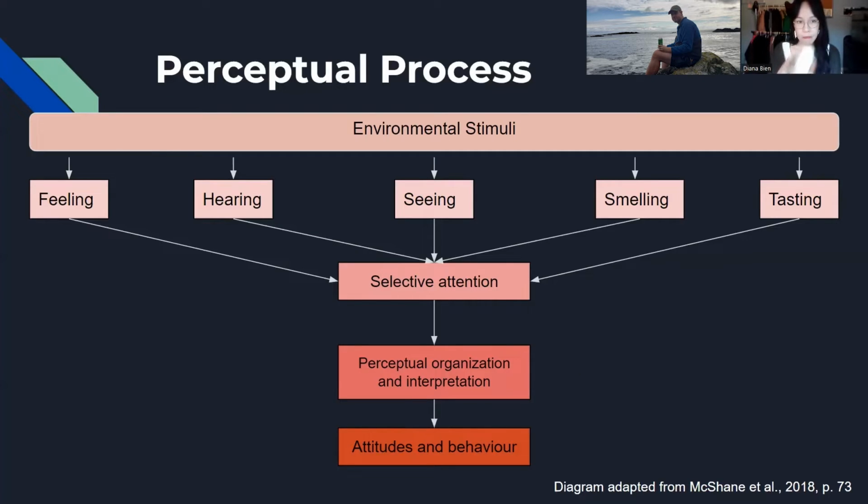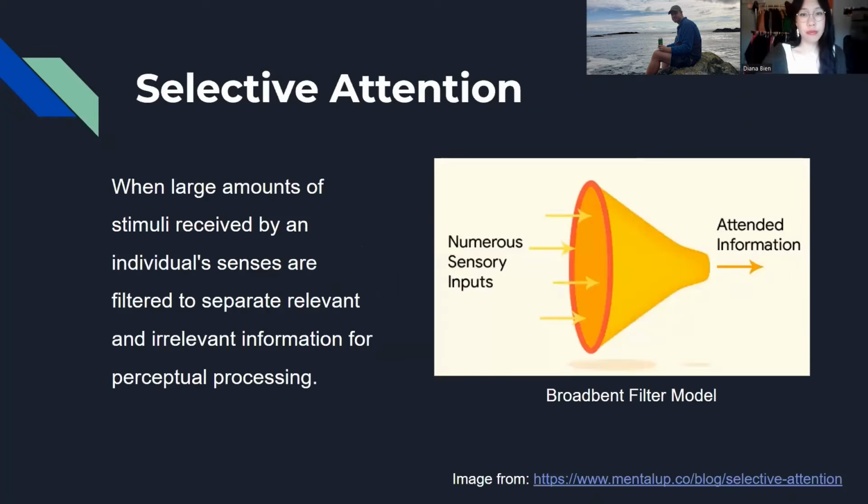Finally, in the perception process model, our interpretation and judgments are reflected in our overall behavior and attitudes displayed. This is our response to the initially received stimuli after they have been through the entire perceptual process. This model, while sounding complex, occurs thousands of times a day for individuals without them even realizing it.